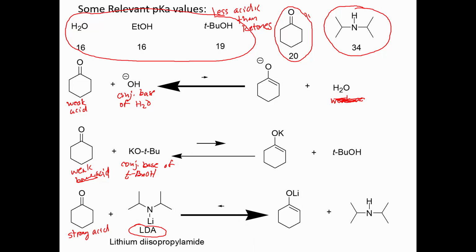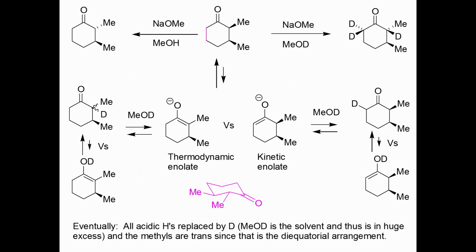It's going to the right. In fact, we can say that this arrow here is negligible. This really isn't even an equilibrium at all. This just goes to the right. You simply deprotonate it, and that's all you do. We'll find out that we never just do that. We add something else later.